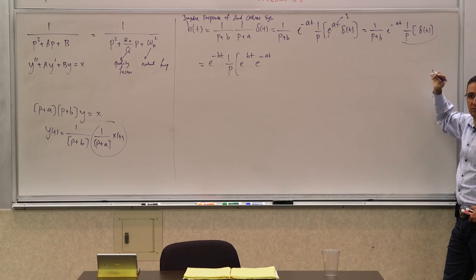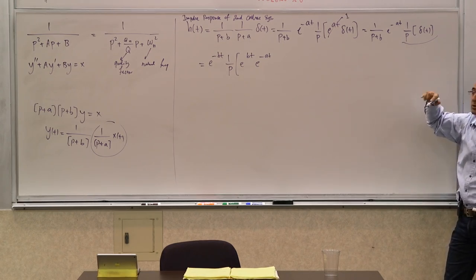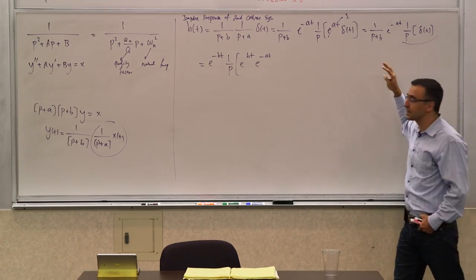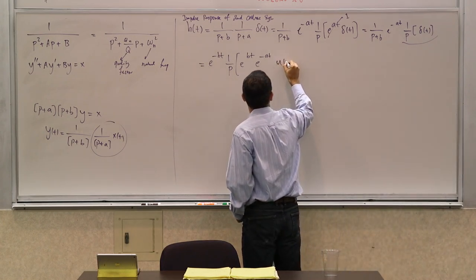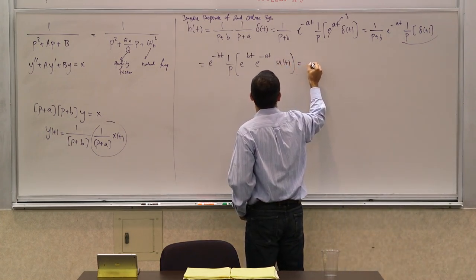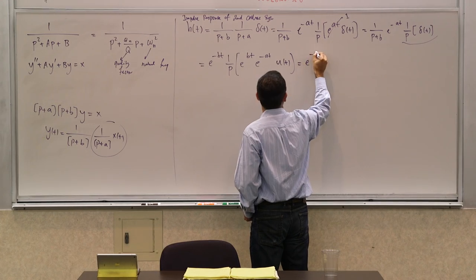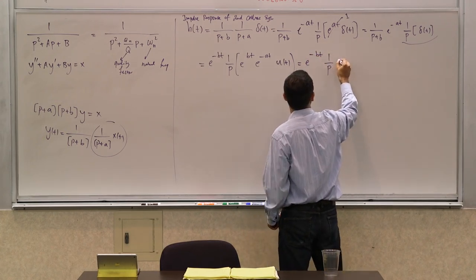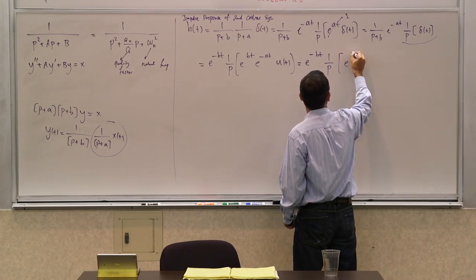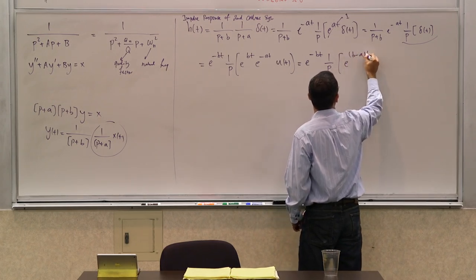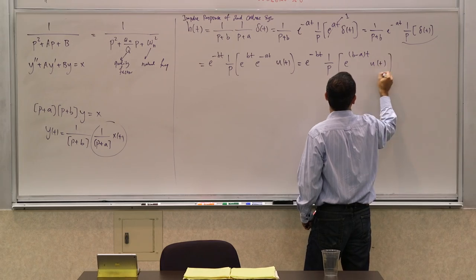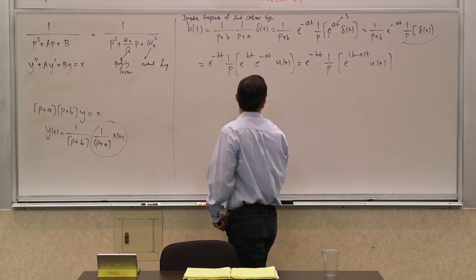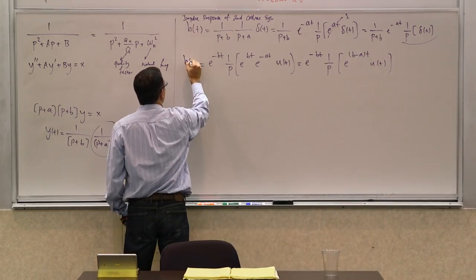You should start knowing these things cold. The integral of the delta is the step. So in general, the impulse response of a second order system is e to the negative (b minus a)t, u of t, 1 over p of that, times e to the negative bt. So this is the impulse response in general.